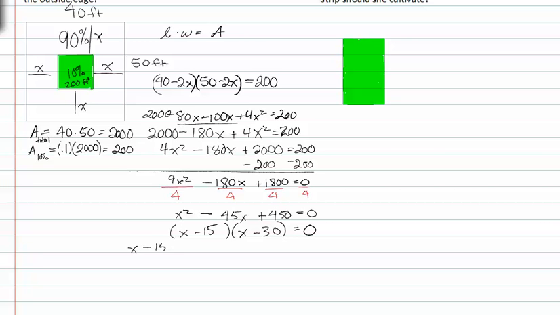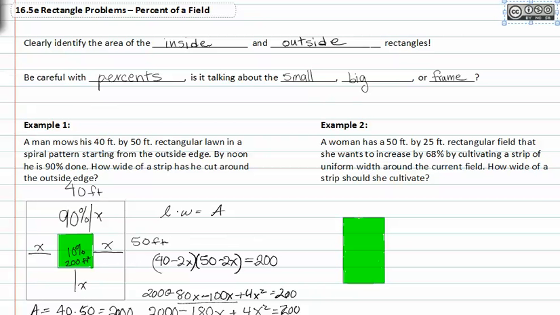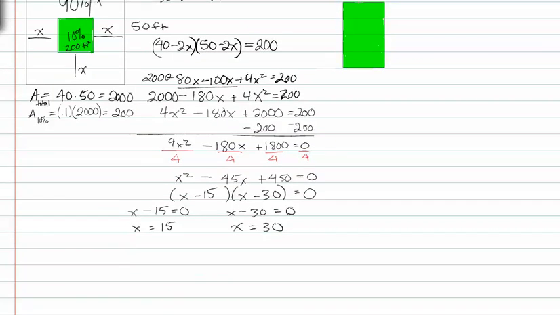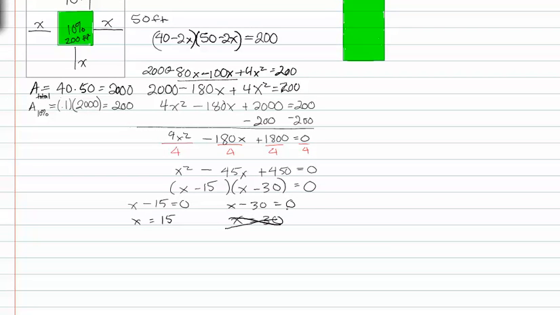Setting the factors equal to 0, we get x is equal to 15 or x is equal to 30. Obviously, if we subtracted 30 from both sides, we'd end up with subtracting a total of 60, which wouldn't make sense in this problem. So we toss out 30 and keep 15. So the width of the piece that he's mowed is 15 feet.